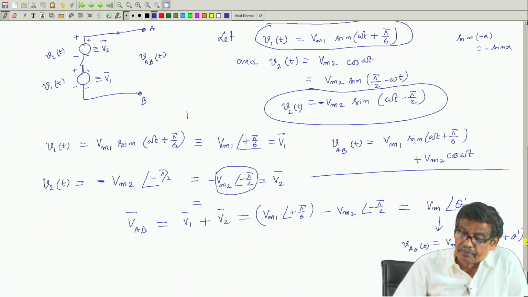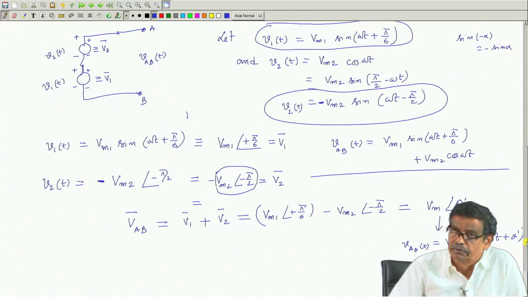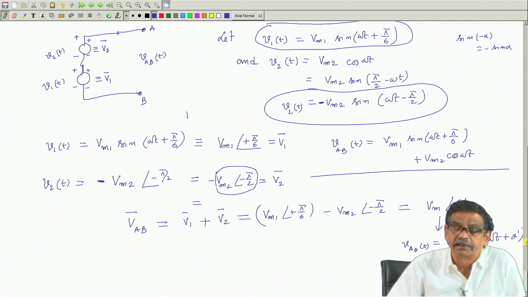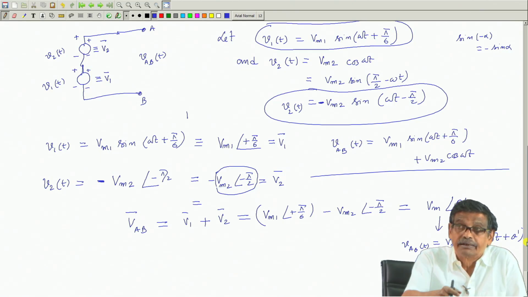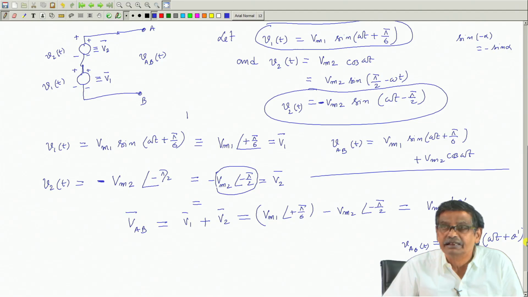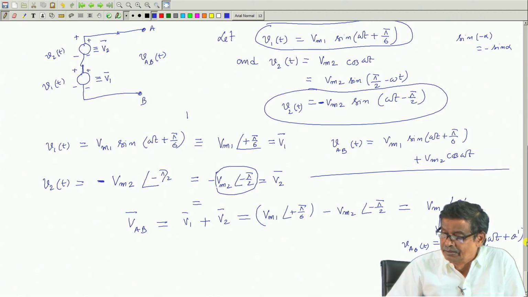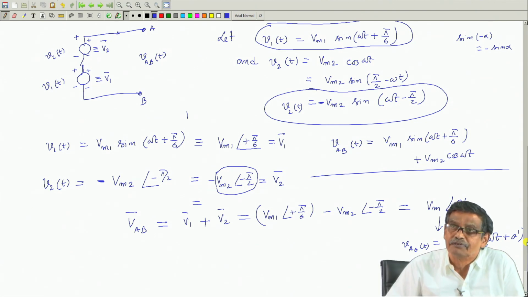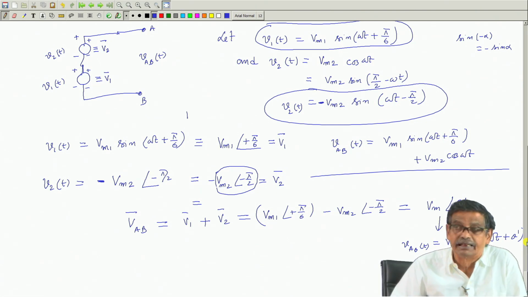Therefore, not only can differential equations be substituted by algebraic equations with complex numbers, but addition and subtraction of sinusoidally varying time domain functions can also be very easily done by transforming each of those quantities in terms of phasors, and you will get the answer.